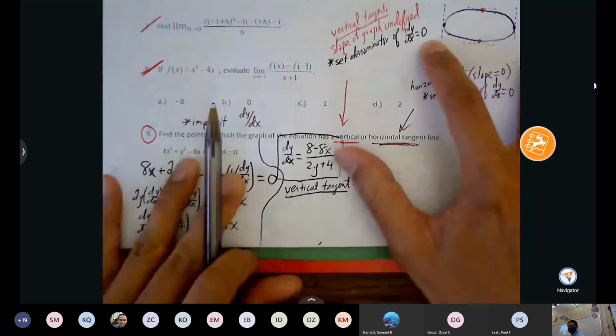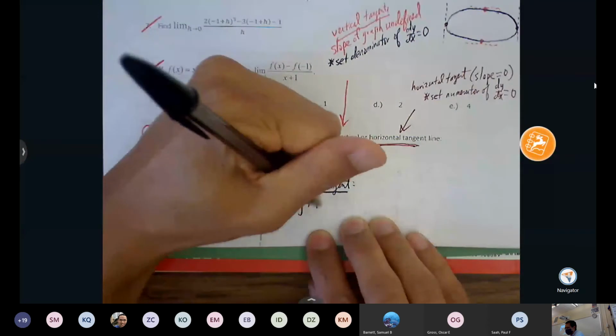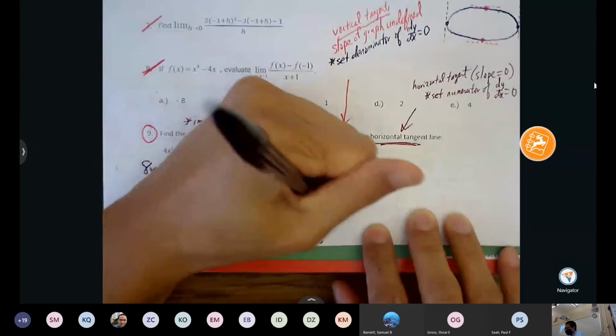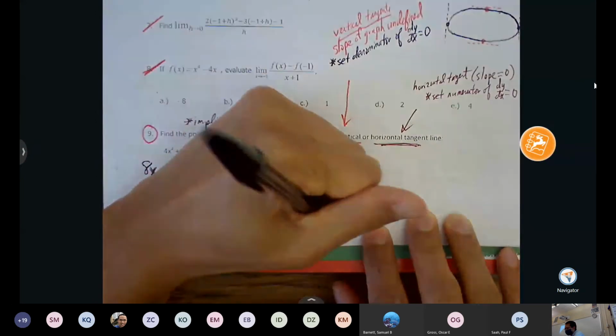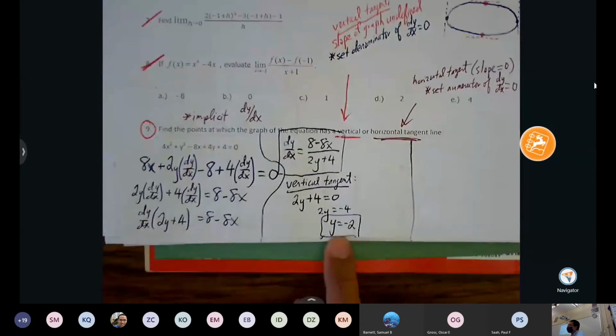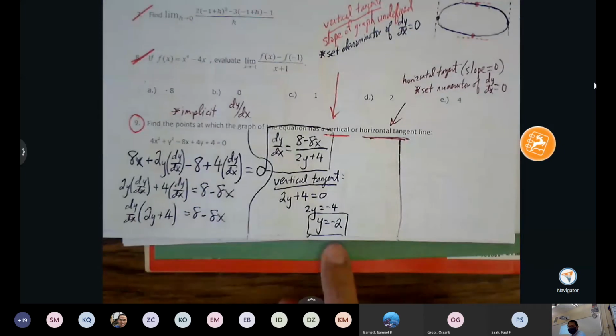Set that equal to 0. Subtract 4, divide by 2. Okay, we don't have the full location yet, but at least we have something location related. So we'll come back to it. Okay.